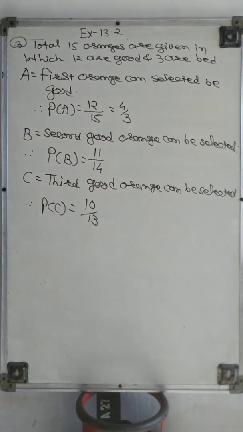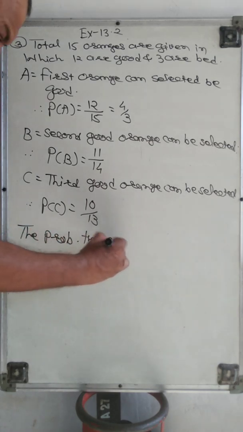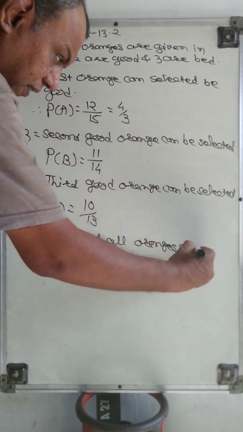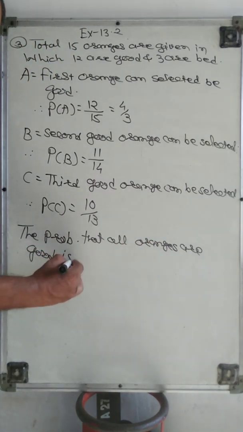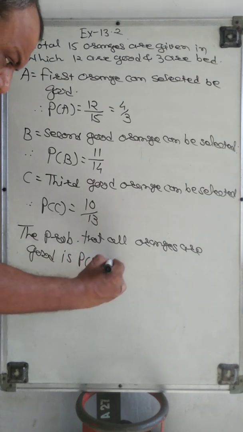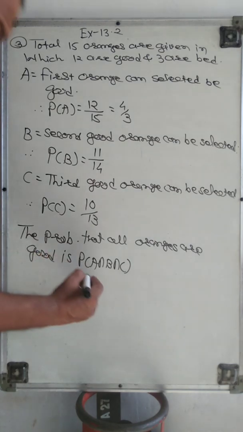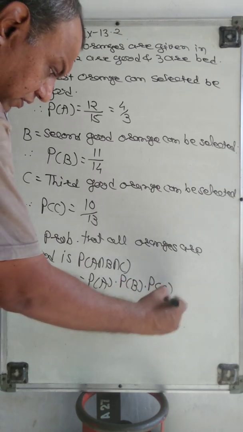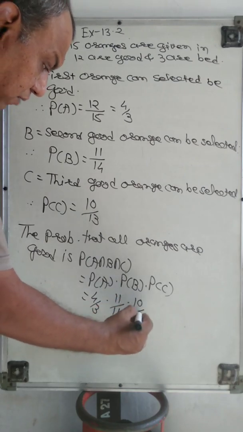Now we want to select all good oranges. The probability that all oranges are good is P(A intersection B intersection C), and these three are independent events. So we directly put P(A) into P(B) into P(C), which is 4 by 5, 11 by 14 and 10 by 13.